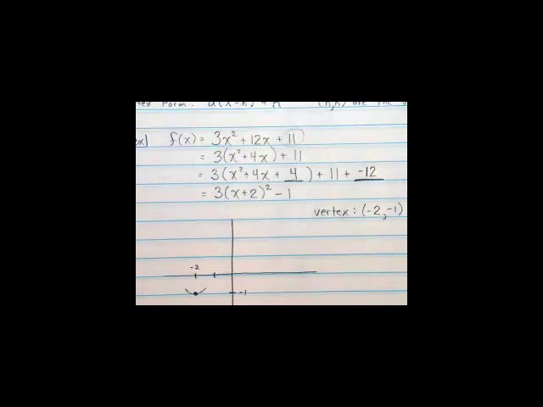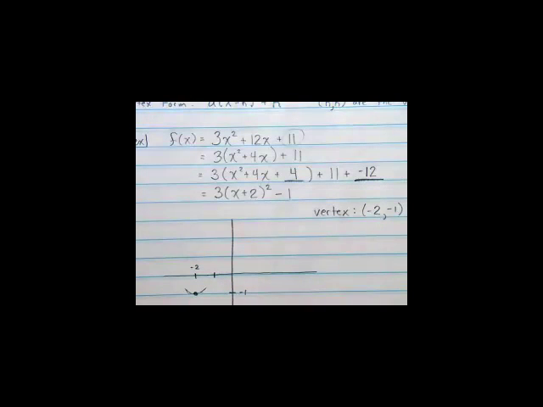Just like the number added at the end of a line is the y-intercept. Same thing with any polynomial, including a quadratic. Just think about this. If you were to plug in 0 for x, that's doing a y-intercept. If x is 0, what's the y? Well, if I plug in a 0, these first two terms go away and I get 11. So up this y-axis, I should have an intercept at 11.